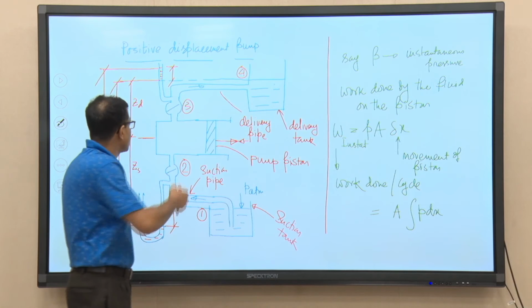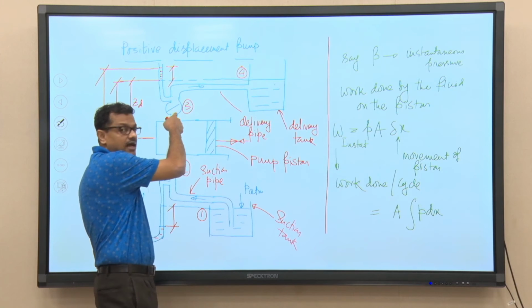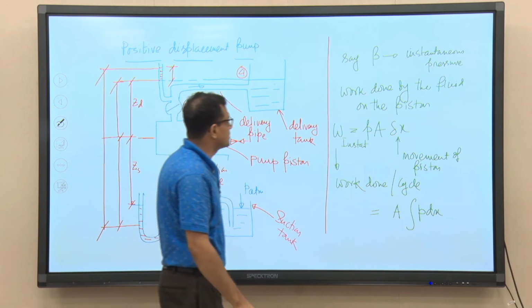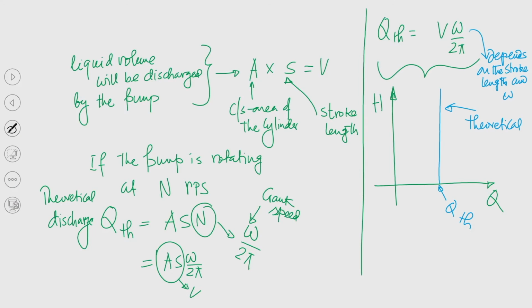At that pressure some liquid will leak through the gland of the valve, and as a result, at high head, if I superimpose using red color, this will be the curve. So, this is actual.